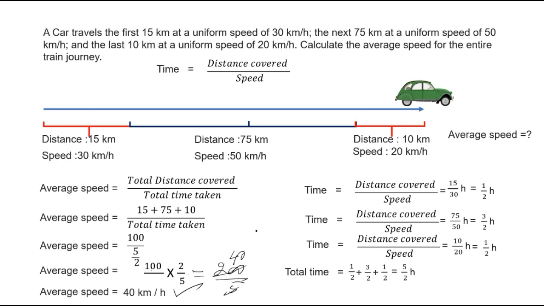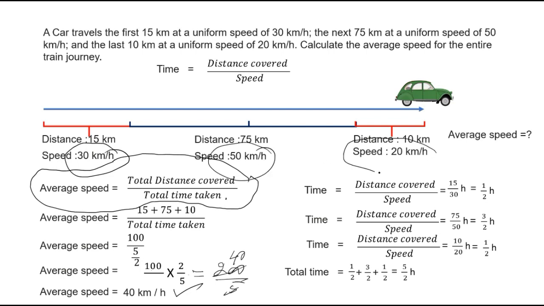That is the answer. What is to be remembered here is the formula: average speed is total distance covered divided by total time taken. In no situation should you take the average of the speeds.